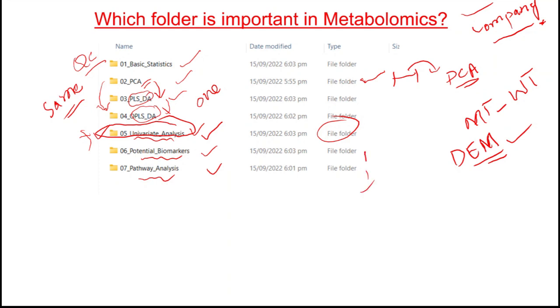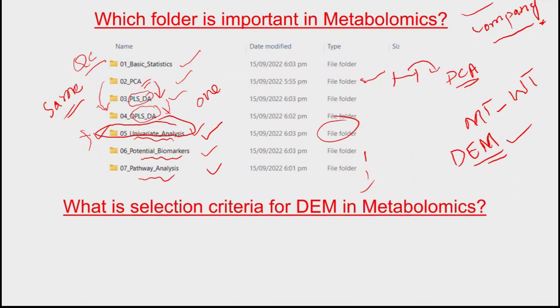As you know, in the previous videos we have already discussed what selection criteria we used normally in proteomics or transcriptomics. In proteomics we used DEP, differentially expressed protein, and we select the differentially expressed protein based on two things.